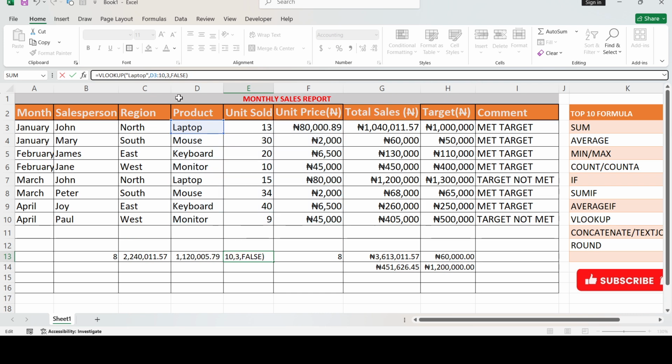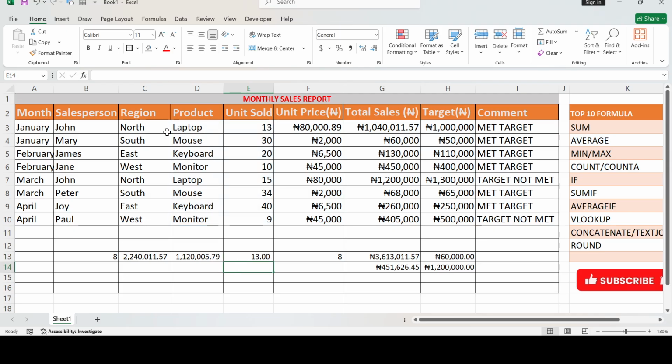We now change it to E10, which is this one. If it's E10, then we change the column, say the second column, select it from the second column, then you click enter. You can see it's telling us 13, which means 13 units were sold. This is how to check for the VLOOKUP.